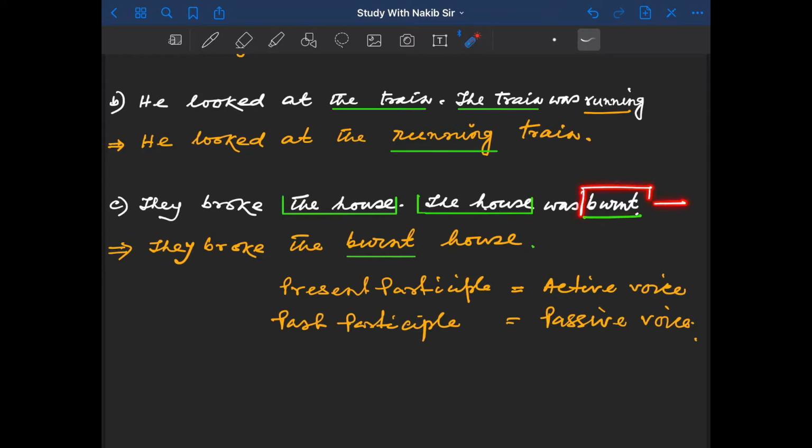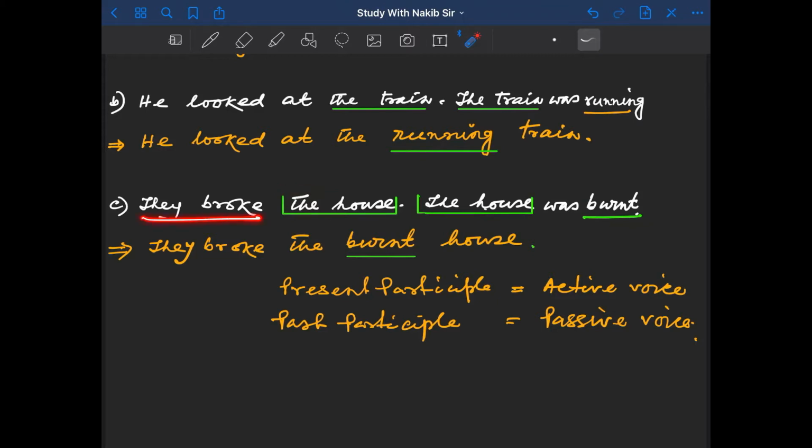So use this adjective, and no need of using these three words. The function of these three words will be over as soon as burnt is taken out here. So burnt is an adjective, taken out, participle adjective. Okay, now we'll use this participle before the noun, the house, the burnt house.